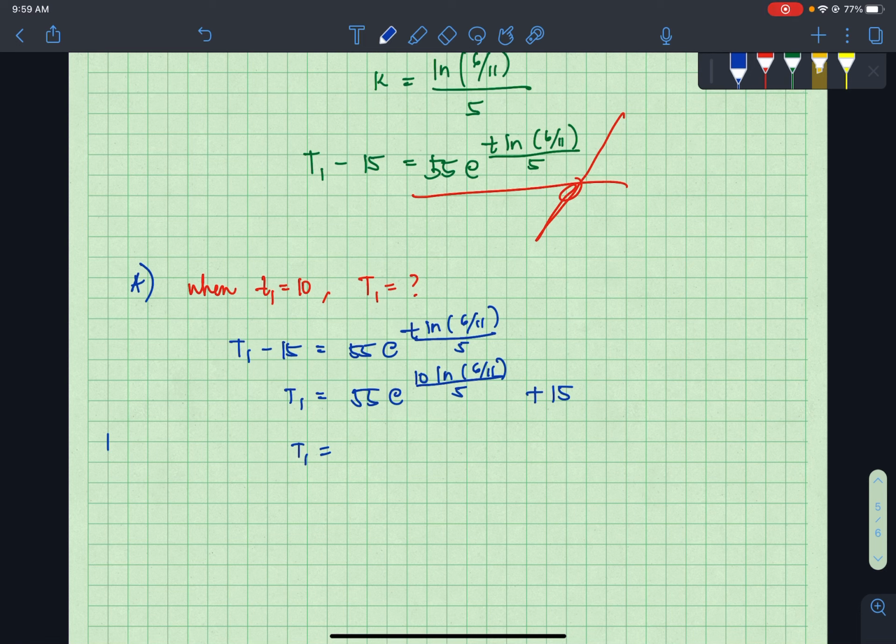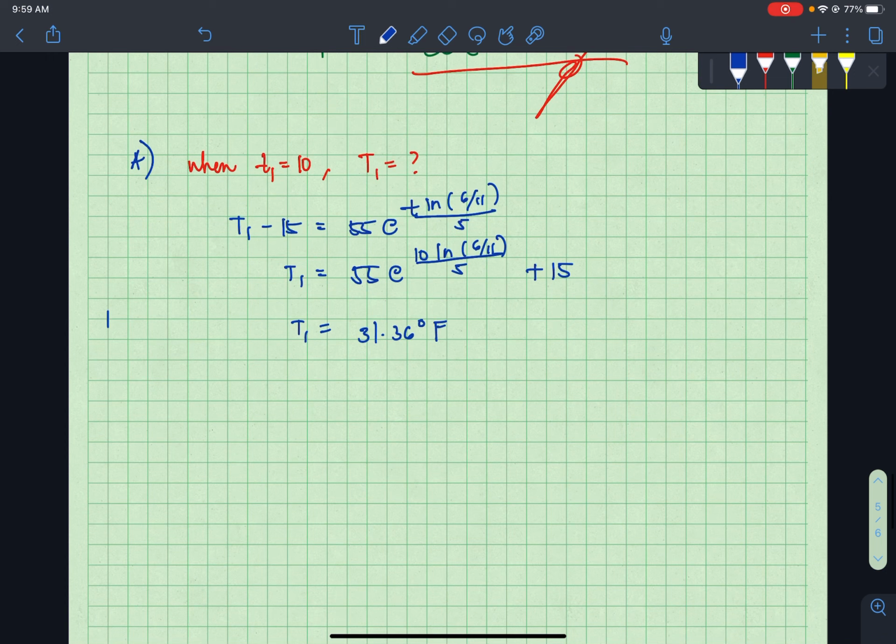So the answer is 31.36 degrees Fahrenheit. So we can now conclude that for the second environment, this would be the temperature of the thermometer after 10 minutes, or right after it was taken inside, the indoor.